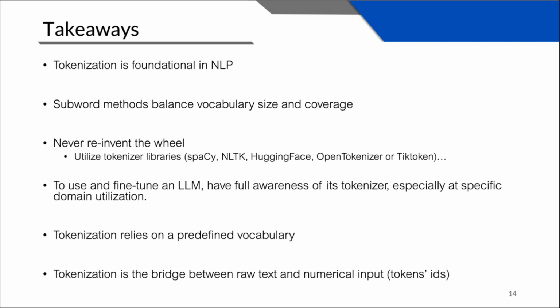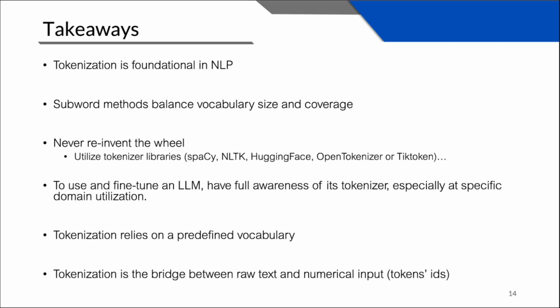The takeaways from this lecture: I want you to focus on understanding that tokenization is a foundational process in NLP. Subword methods balance vocabulary size and coverage. Never reinvent the wheel. Utilize the available libraries, unless you are handling a specific domain.